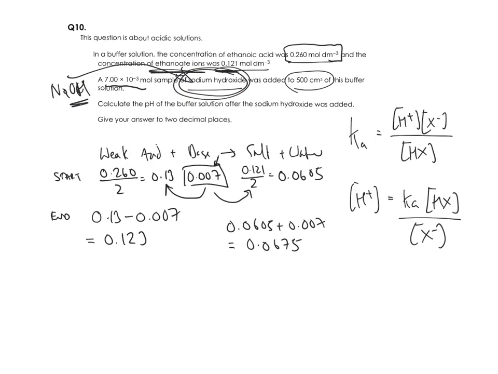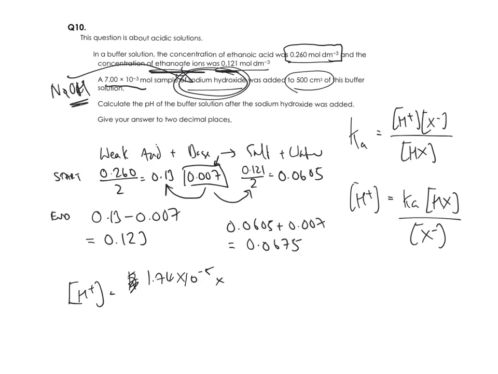So then we use these numbers and we put them into our expression that we've already worked out. So it's going to be Ka, which we have. Where is the Ka? I can't see it. You must be given it elsewhere in the question. I've deleted some of the question. I do apologise. But the Ka is 1.74 times 10 to the minus 5.